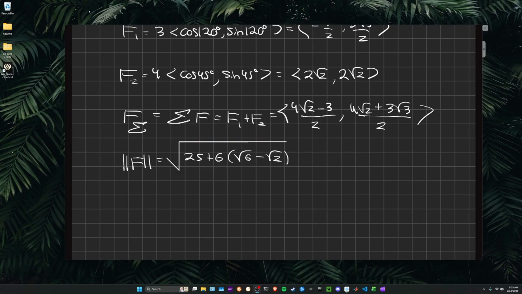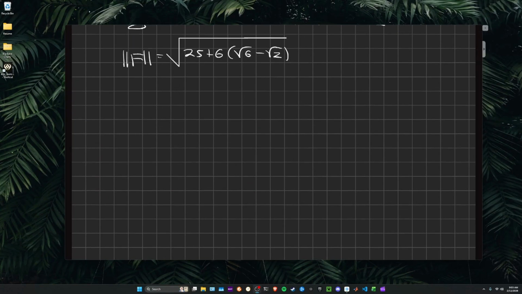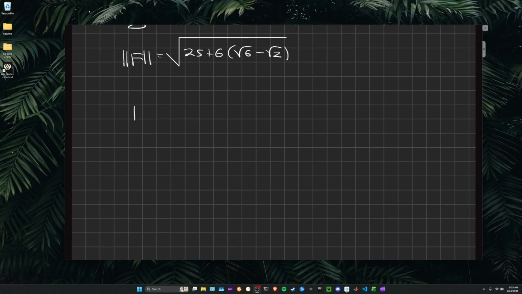Now it also wants this angle. It wants the elevation angle, so that's the angle from the x-axis. So this has a nice formula. That's just tangent of theta is the y component divided by the x component. So that'd be 4 root 2 plus 3 root 3 over 4 root 2 minus 3.